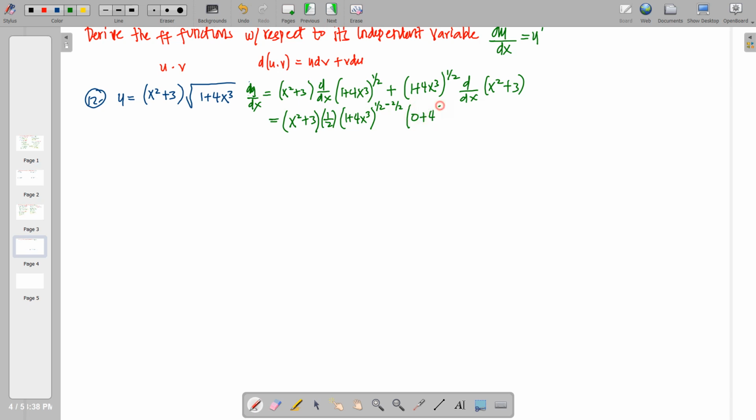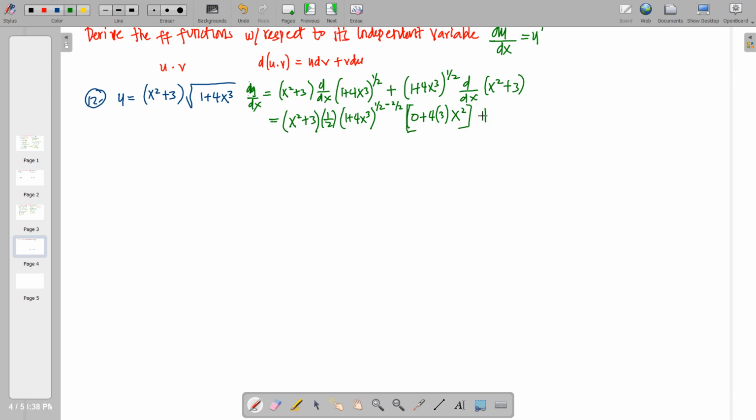Copy the constant, derive that one. We bring down 3 here, and then subtract 1 from that exponent, so cubed becomes squared. And that's it. This is now the first term.